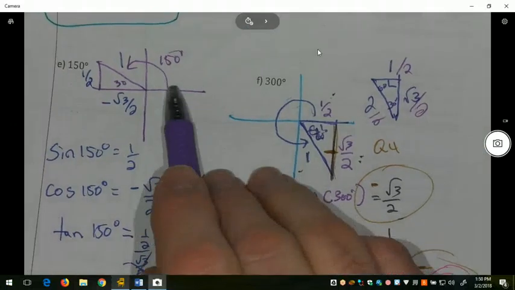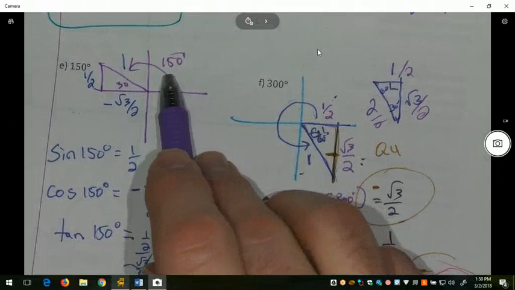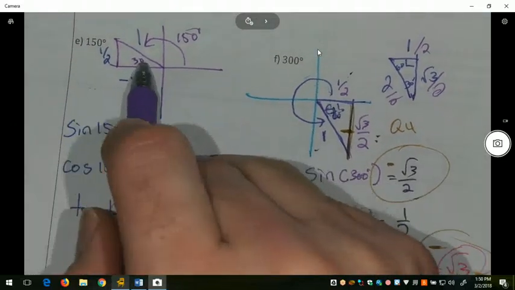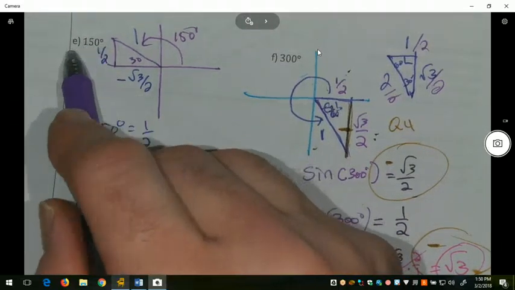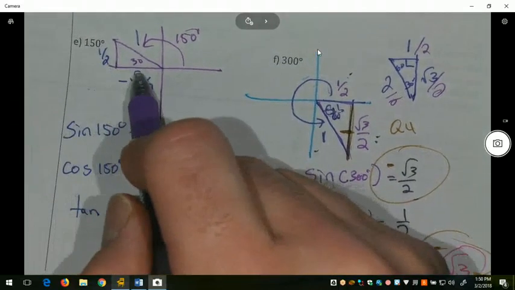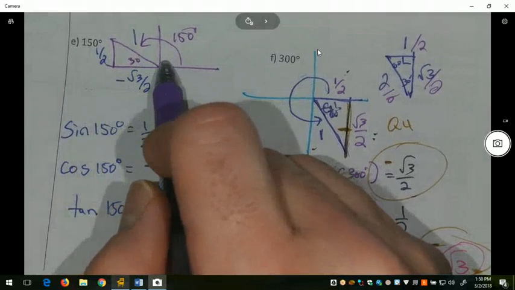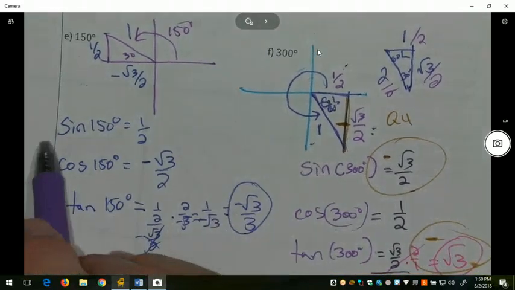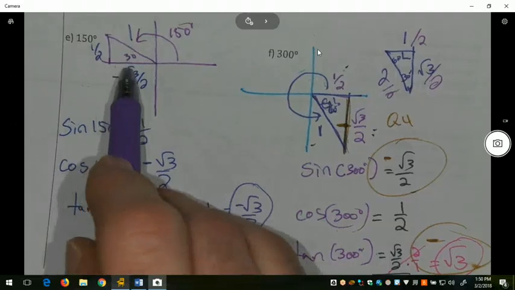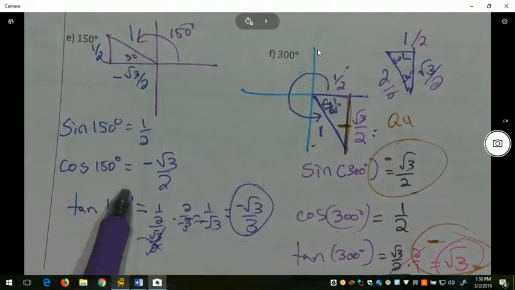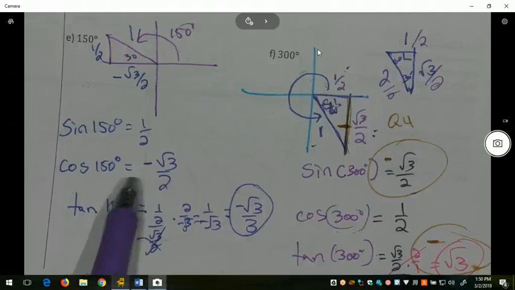For letter E, drawing the 150 degree angle, we know the reference angle is 30 degrees. They want a side length of 1 instead of 2, so we divide everything by 2, giving us a short leg of 1/2 instead of 1, and negative square root of 3 over 2 instead of negative square root of 3, since we are going left. Sine of 150 degrees is opposite over hypotenuse, giving us 1/2. Cosine of 150 degrees, negative square root of 3 over 1, giving us negative square root of 3 over 2.